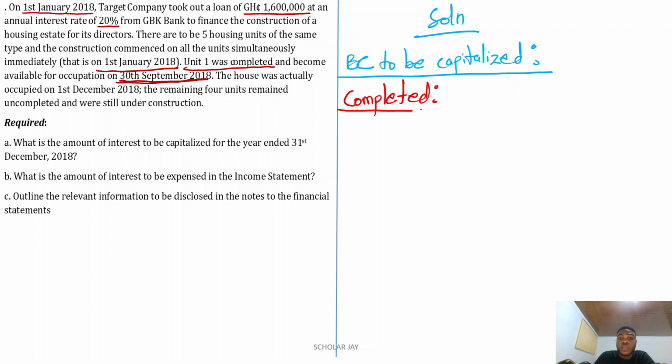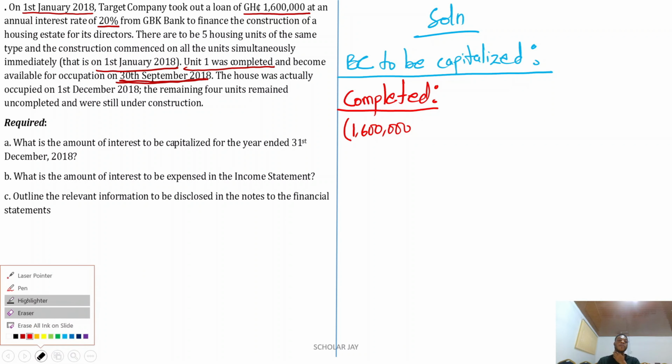Okay. So what will be the computation for the completed? So first of all, what is the amount of the loan? How much is it? So the amount of the loan was 1,600,000, right? Times what? Times 20%. Are you getting the picture? Or before we even start it, let's look at this: the 1.6 million was for 5 buildings.